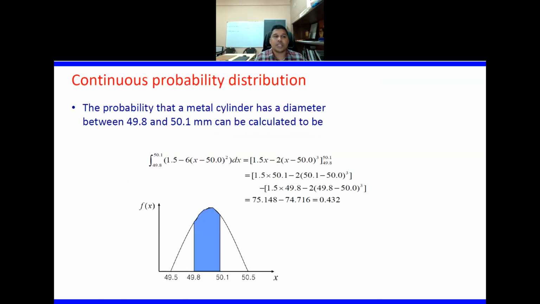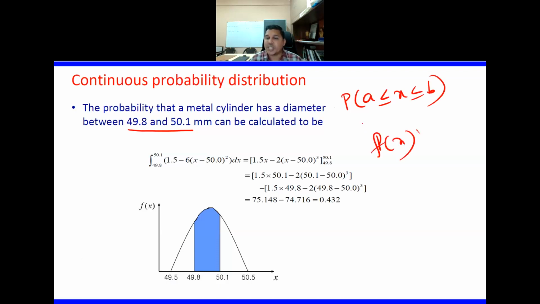Right. Now see, the probability that the metal cylinder has a diameter between 49.8 and 50.1. Now they are saying, see, in continuous probability distribution, we always represent between some values like this. We represent it as a function f of x. F of x is your continuous probability distribution.